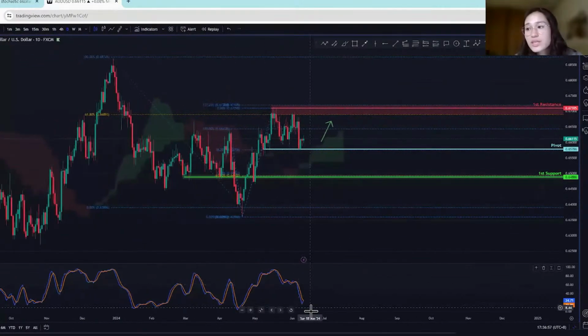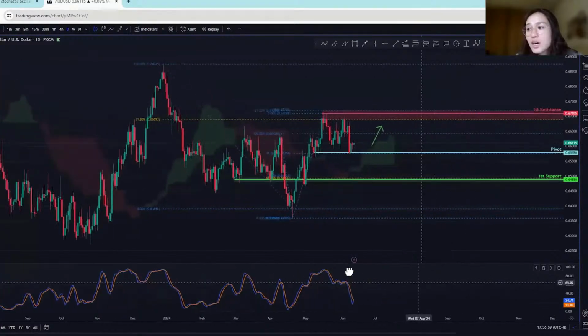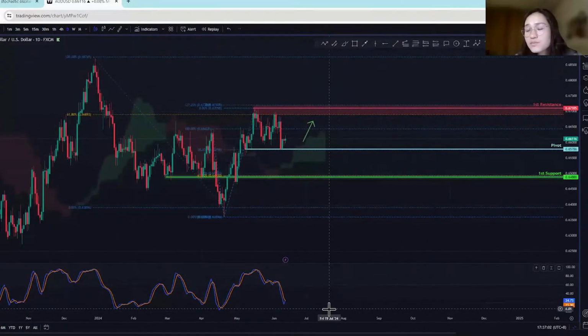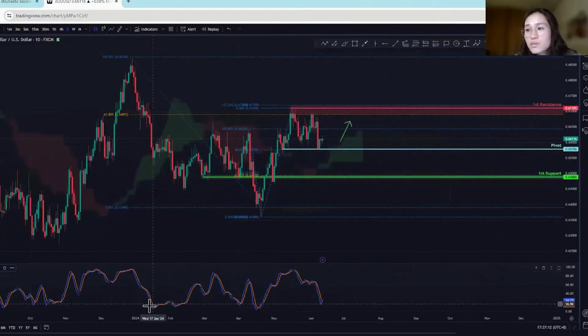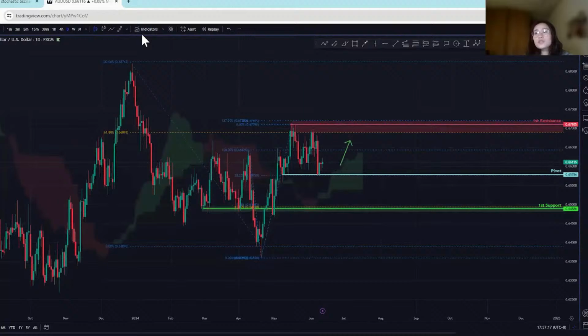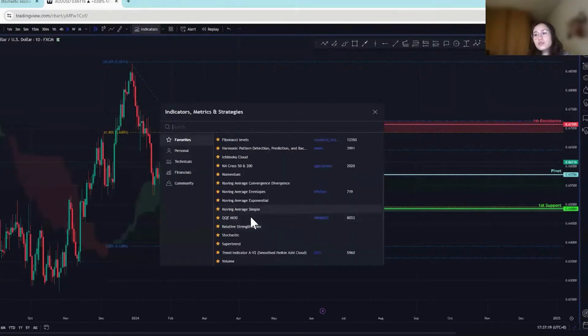On our stochastic, let's see if we have any signals here. Here it's not really telling us much. Let's look at RSI.